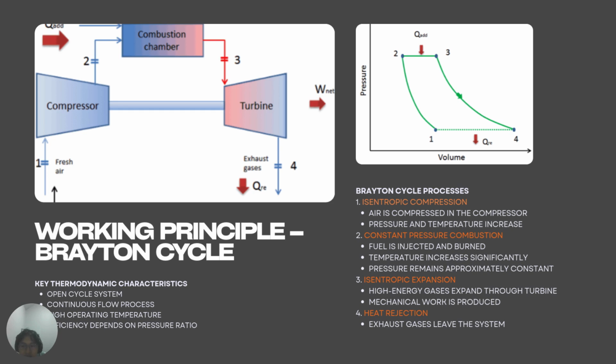Third, the high-energy gas expands in the turbine, producing useful work. The thermal efficiency of the Brayton cycle increases with higher pressure ratio and higher turbine inlet temperature. However, increasing temperature introduces material and emission challenges.